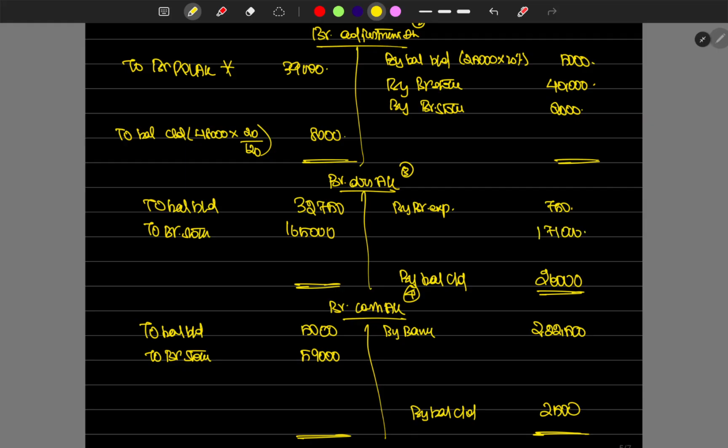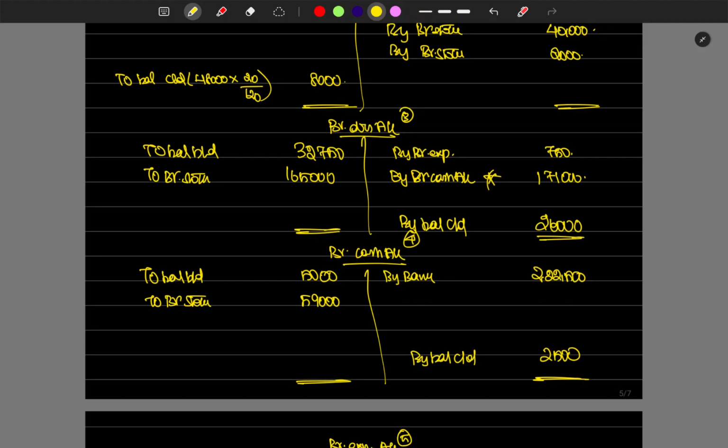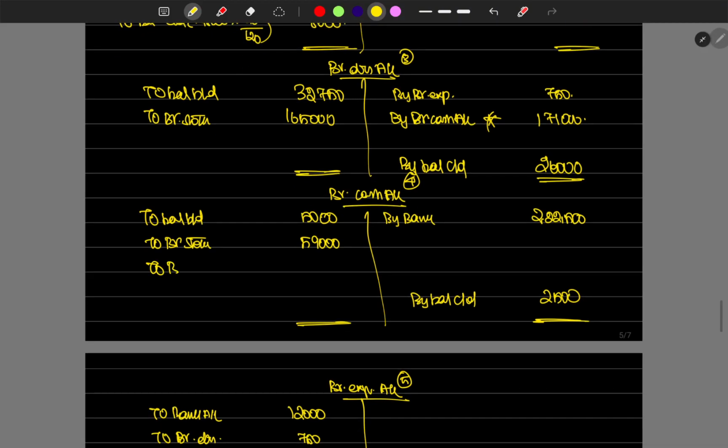We have sold the stock and we have spent some expenses, which is bad debt. Then what should it be? It should obviously be amount collected from debtors, right? So branch cash account, so we have to transfer this value to branch cash from branch debtors account.